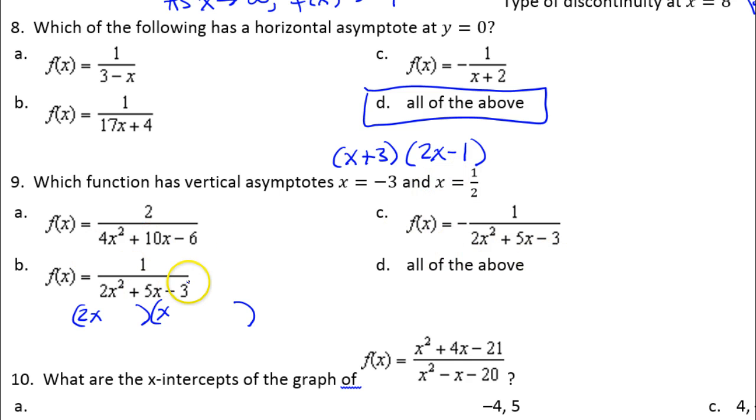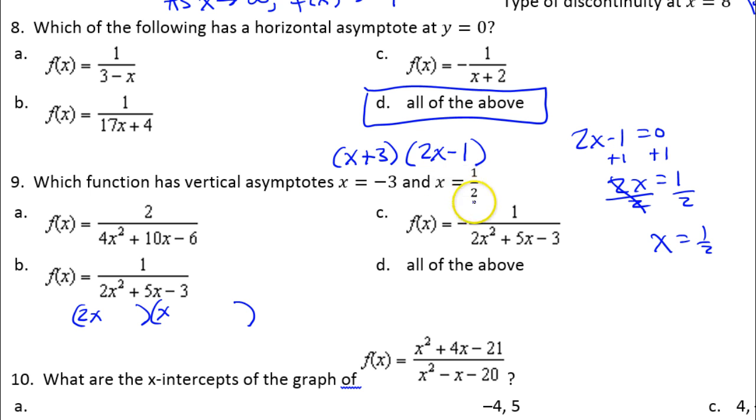So you might have to do more of the factoring thing, but I'm sure you saw the x minus 3. But can you see that if I had 2x minus 1, if I set that equal to 0, I would add 1 to both sides, so that would give me 2x equals 1, and then I would divide by 2, and that would give me x equals 1/2, which is what we want. So my factors should be x minus 3 and 2x minus 1.